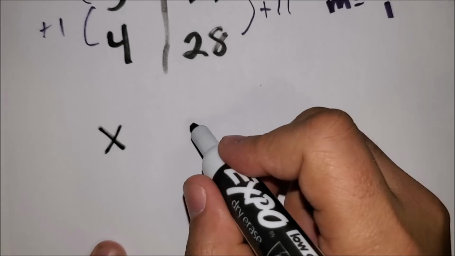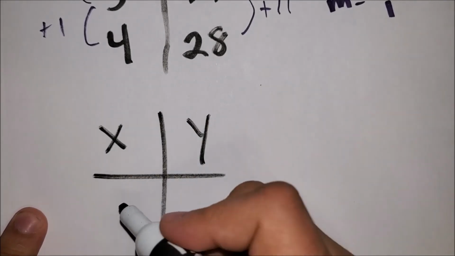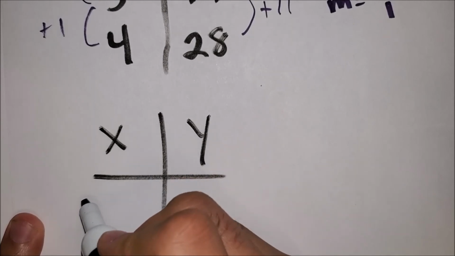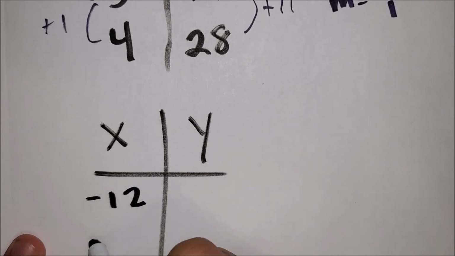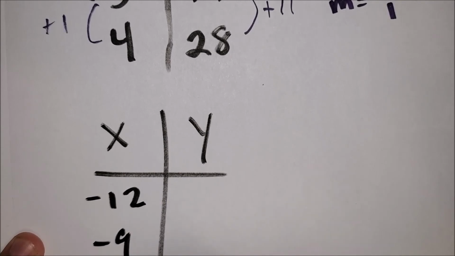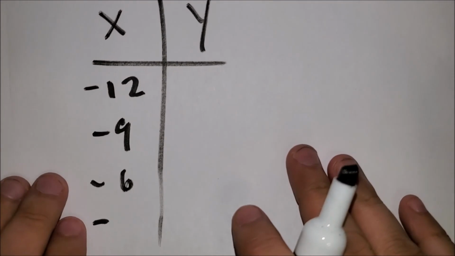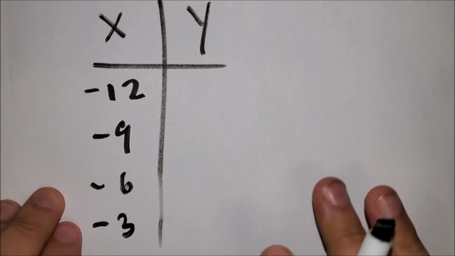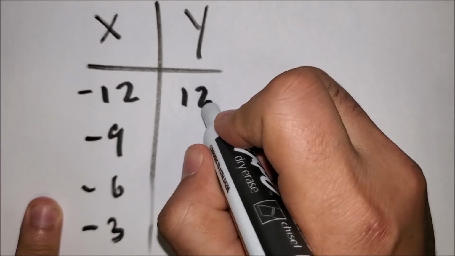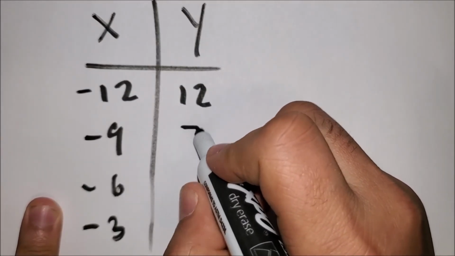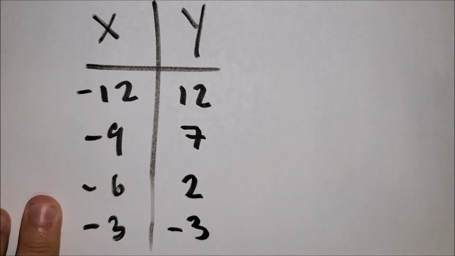Our x and y, new table. -12, -9, -6, and -3. And we'll go ahead and say 12, 7, 2, -3.